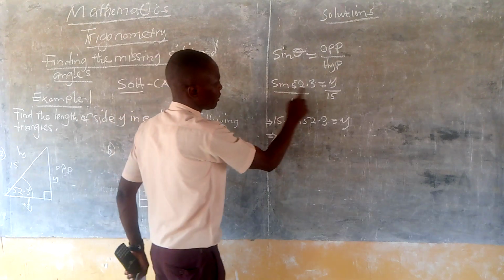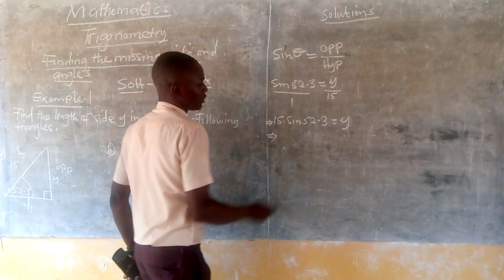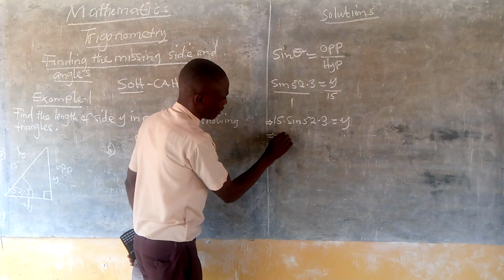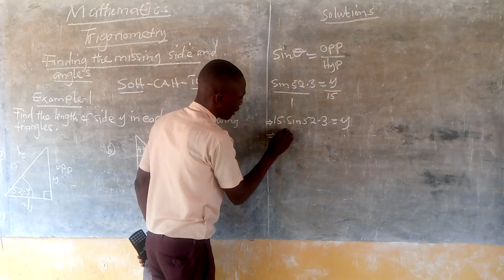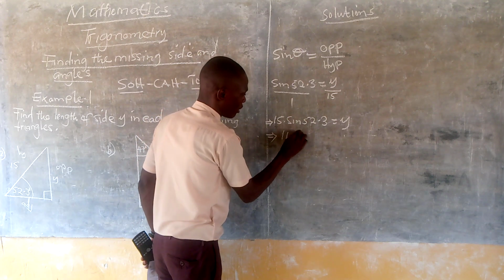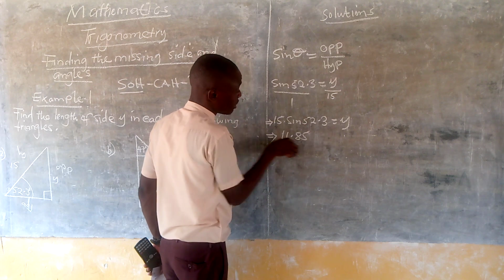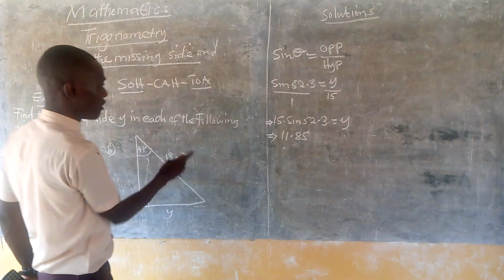I've multiplied this 15 with this sine, and then with that. Okay, so you are saying it's giving what? 11.85. So 11.85 centimeters. What are the units? Oh, we don't have the units.